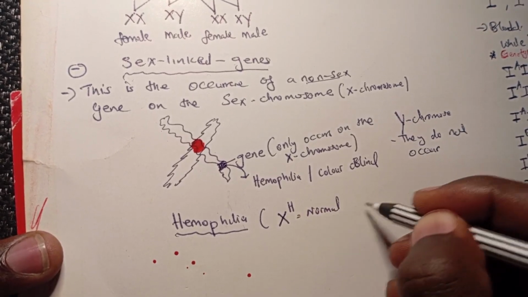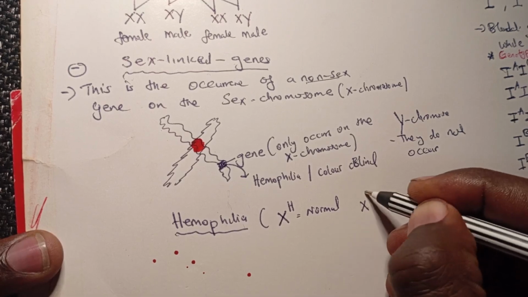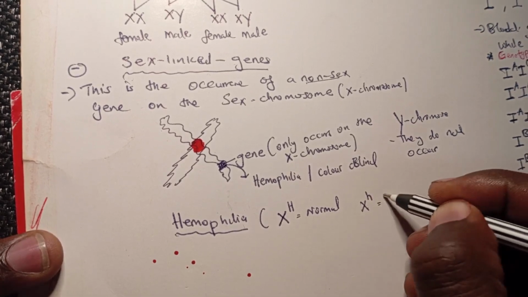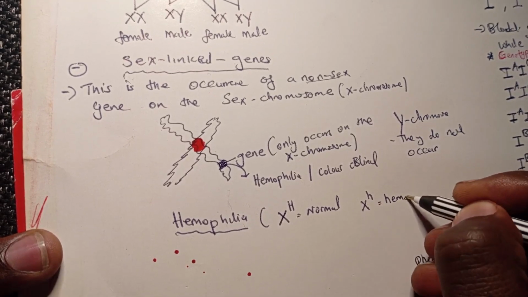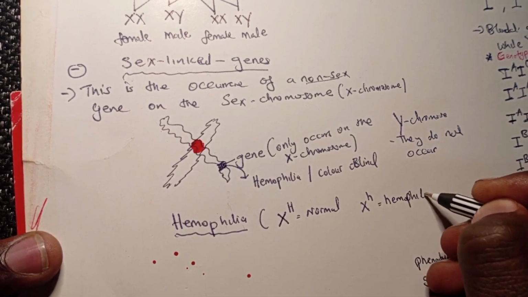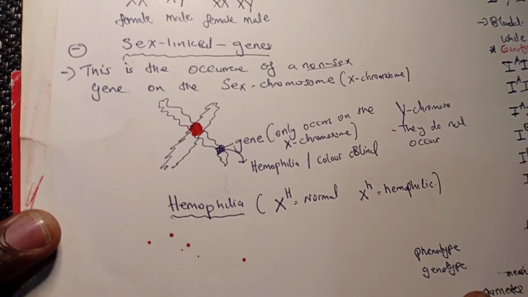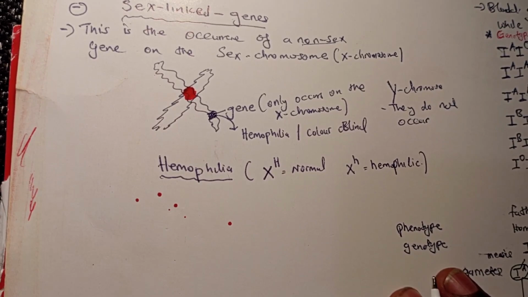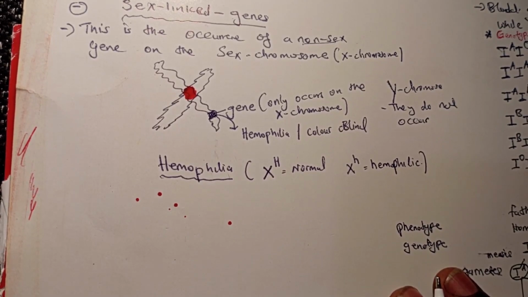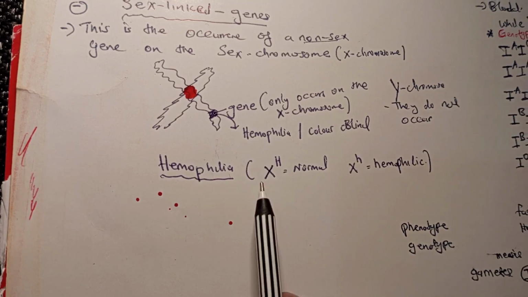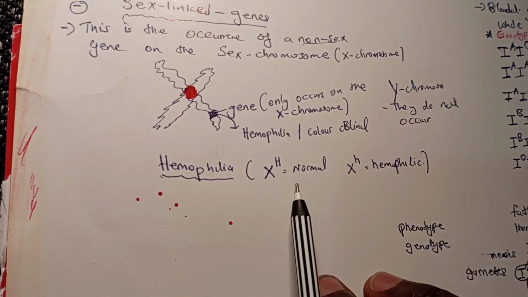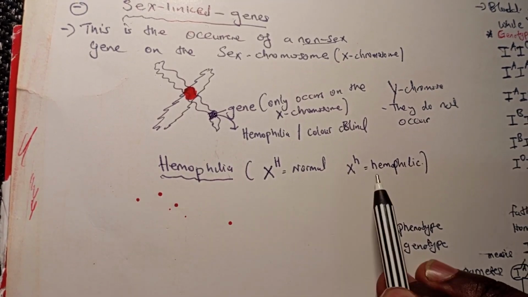But if it occurs as a small letter here, it means you are hemophilic. Now, on the Y chromosome, it is not there.